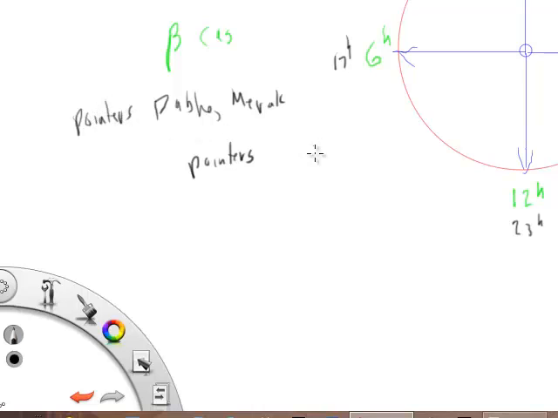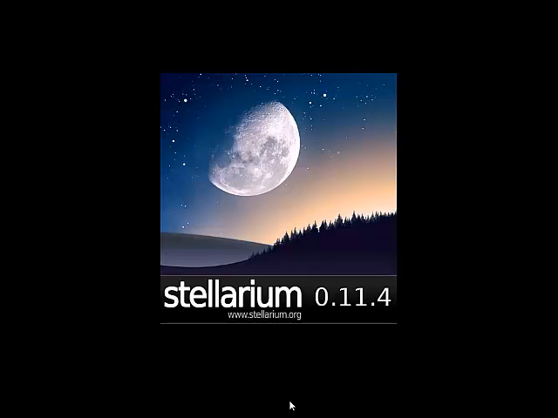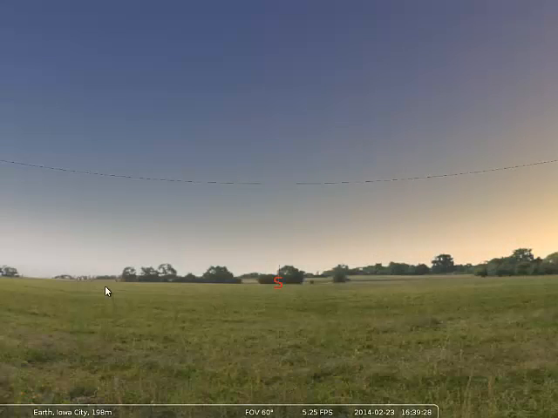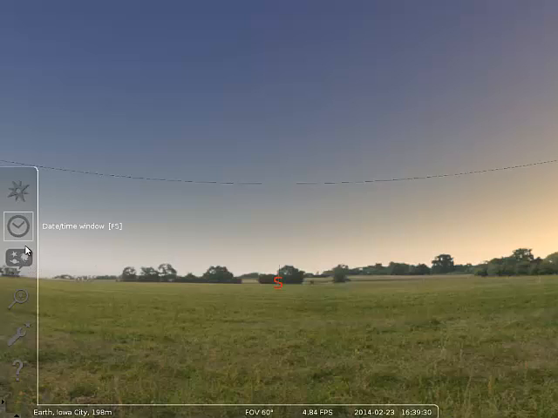So now let's go back and see where we put those on our giant clocks. Go back to Sidereal. Oops, got to reset the whole thing. I'll set it to reset.